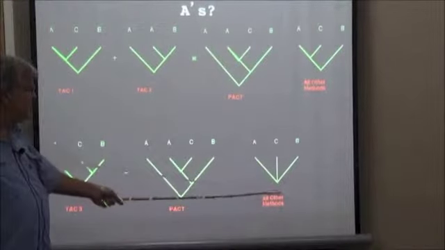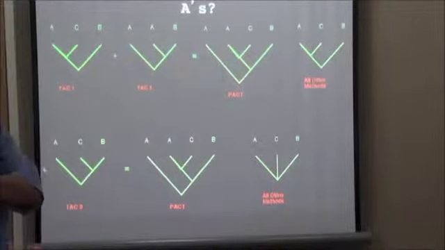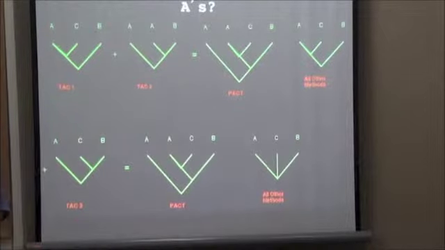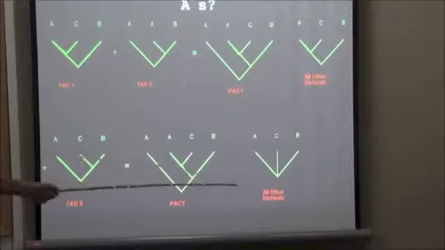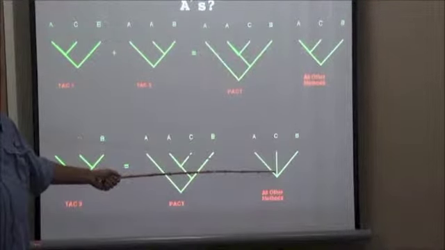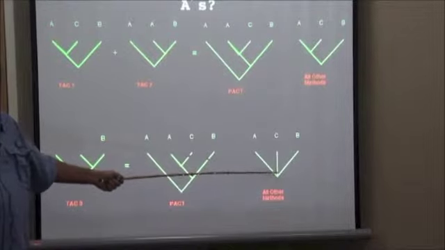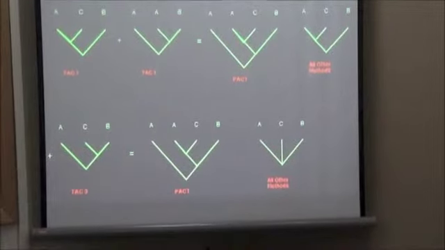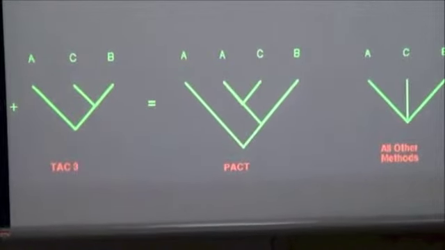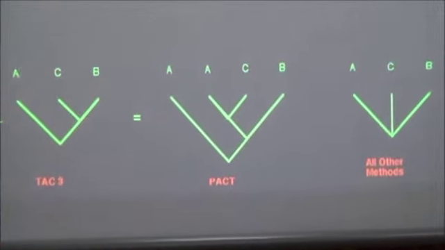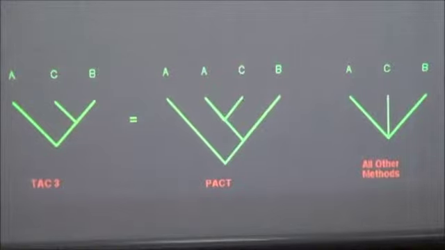But if you take this and this and this and combine them using all other methods, they tell you that there's no information there at all. So this is the most parsimonious description of the data. This is the simplest description of the data. This one has no information in it, and this one has information in it. So this is a case, as I said before, in which simplicity is not parsimonious.